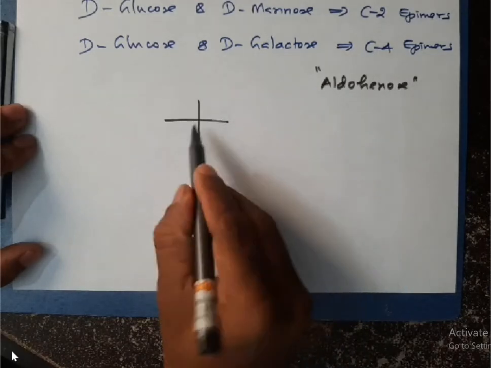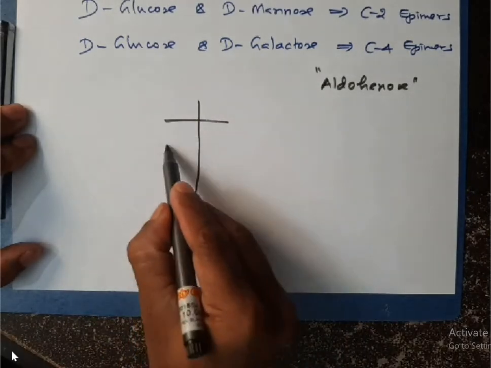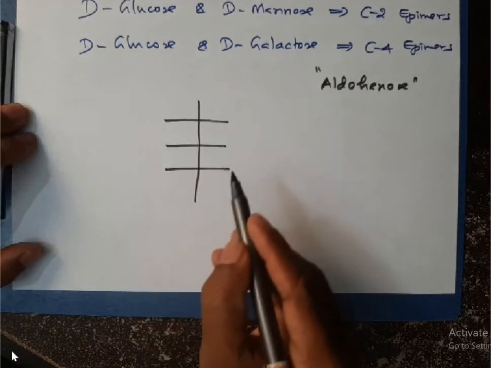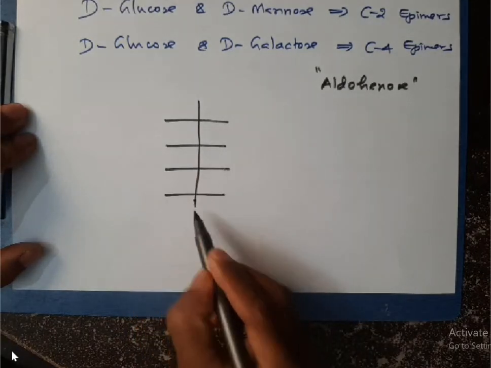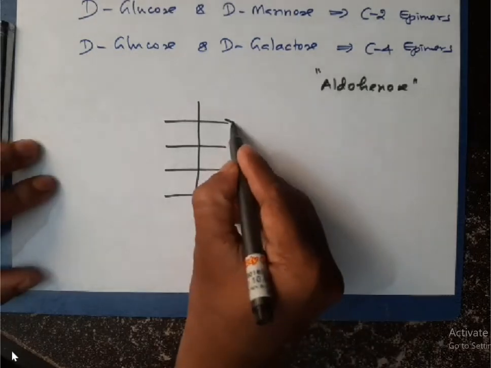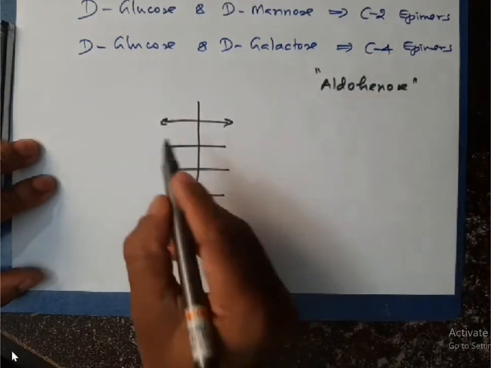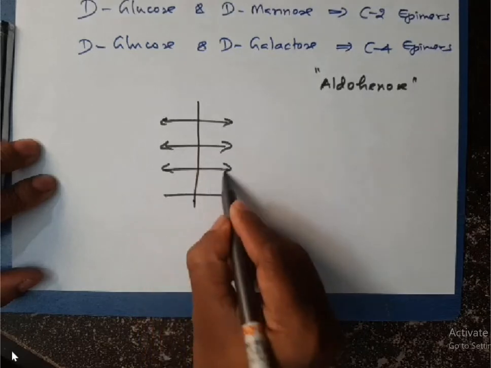Let me write like this. So this is not Fischer projection. I am giving you this just for understanding purpose. Aldohexoses. Can you give the names of aldohexoses?